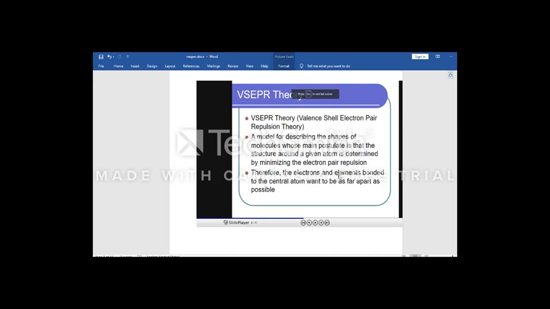Therefore, the electrons and elements bonded to the central atom want to be as far apart as possible.